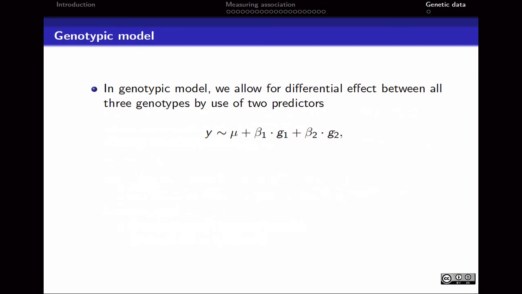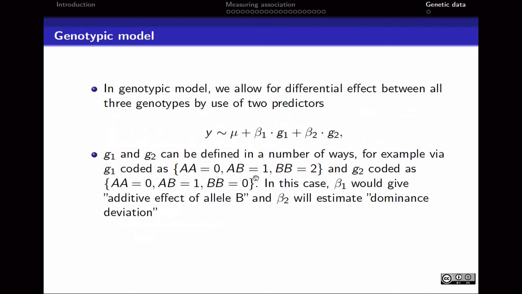But we sometimes would like to allow for differential effects for all three genotypes. And then you can do that by formulating two predictors, G1 and G2. These G1 and G2 can be defined in a number of ways, for example via G1 coded as additive effect and G2 coded as over-dominance effect.